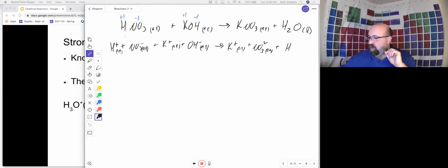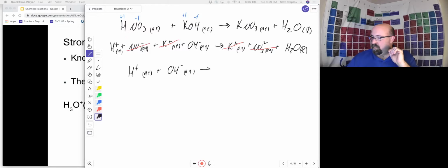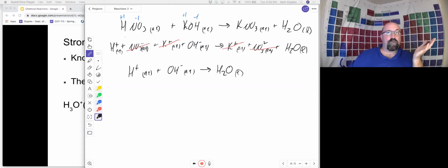Then our H2O, which stays together. So then we go through and we cross out our spectator ions, our NO3 and our K, which remain the same on either side. What we're left with is H plus and OH minus gives us H2O. That's our net ionic equation for this neutralization reaction.